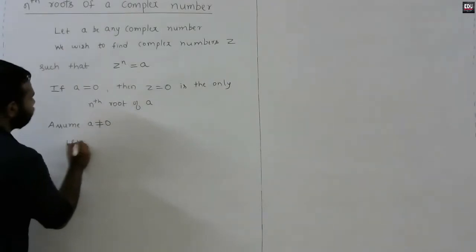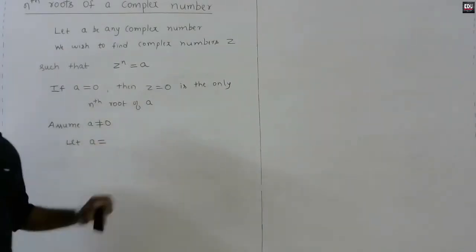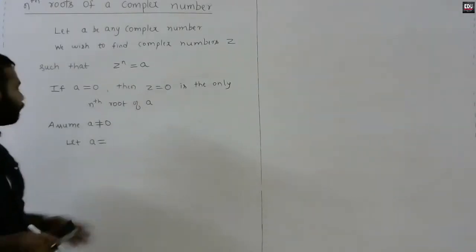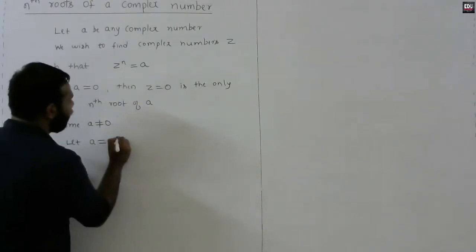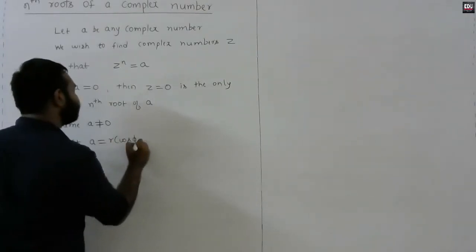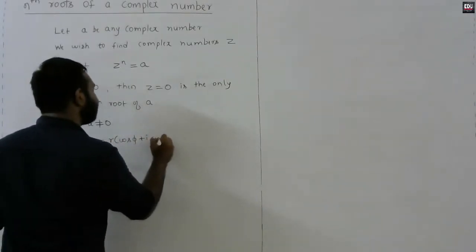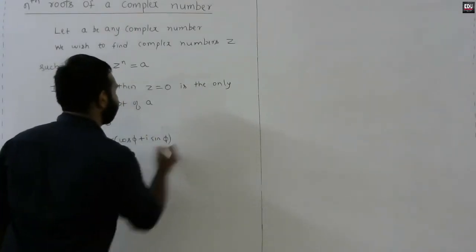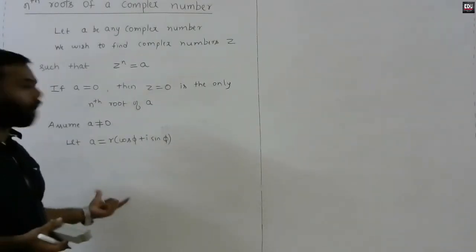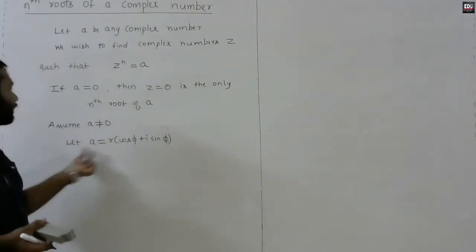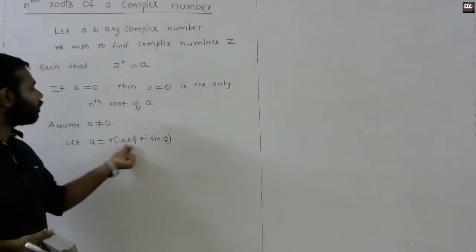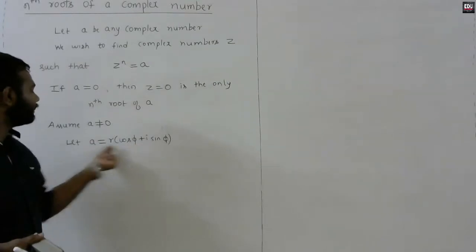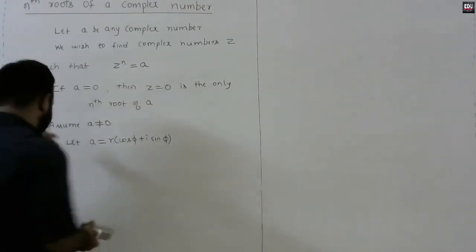So a is some non-zero complex number. As a is non-zero, its polar form exists. For all non-zero complex numbers, we can write the polar form. So say its polar form is r into cos phi plus i sin phi. The general polar form of a complex number will be of this form, where r is the modulus of a and phi is the argument of a.